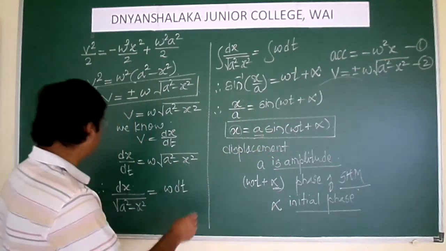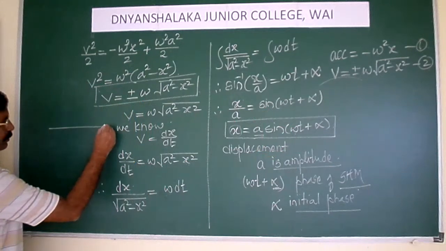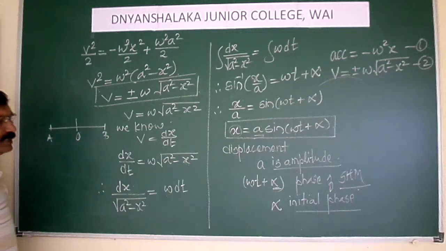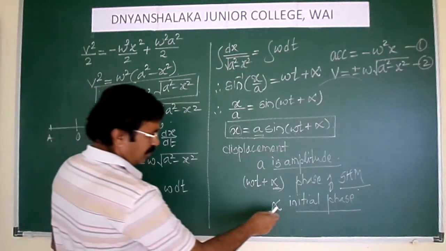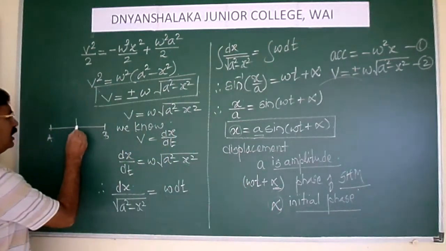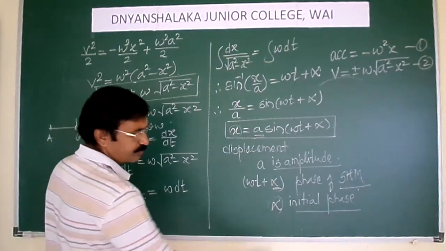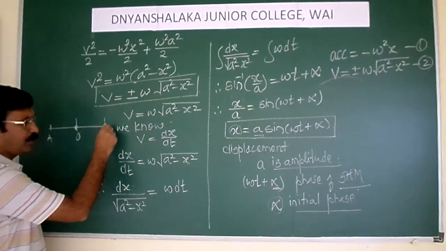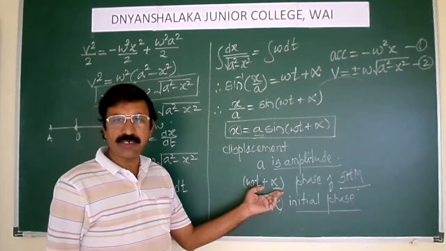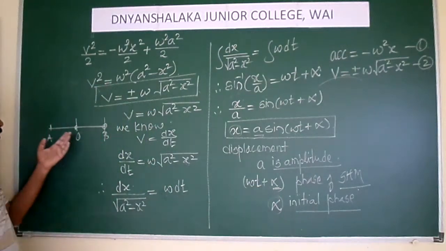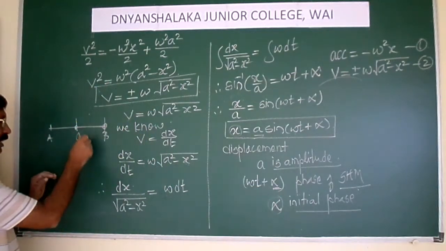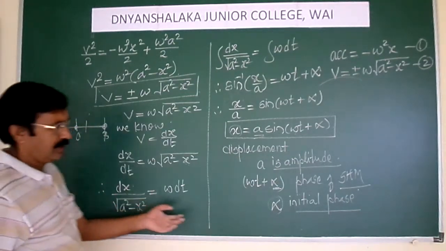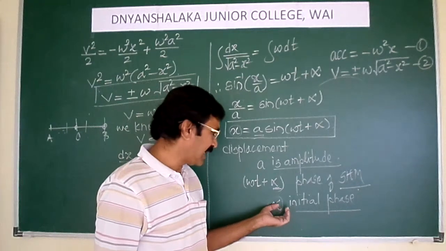For example, if we consider a path AB, O is the mean position. If the particle is at the mean position, alpha will be 0. If it reaches the extremity over here, alpha will be pi by 2. And so likewise, whatever may be the position of the particle, the value of alpha will be decided.